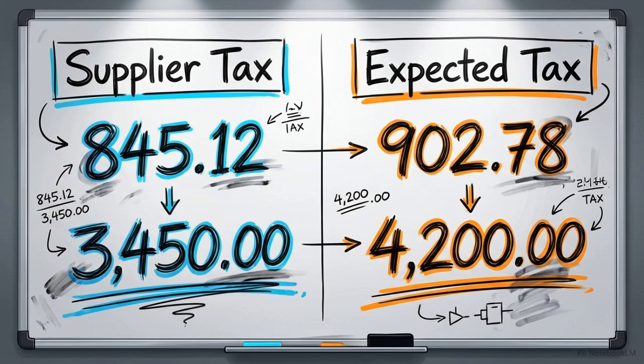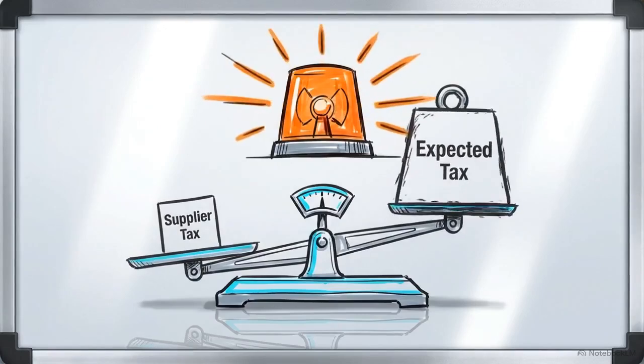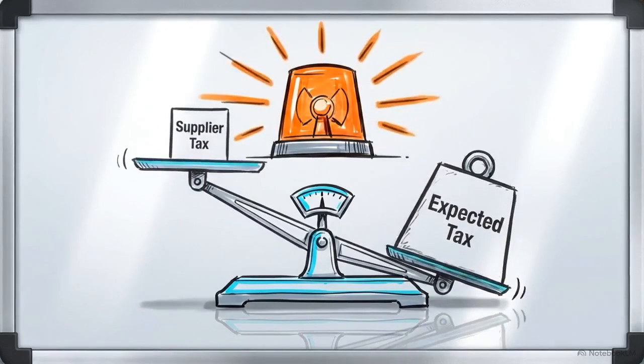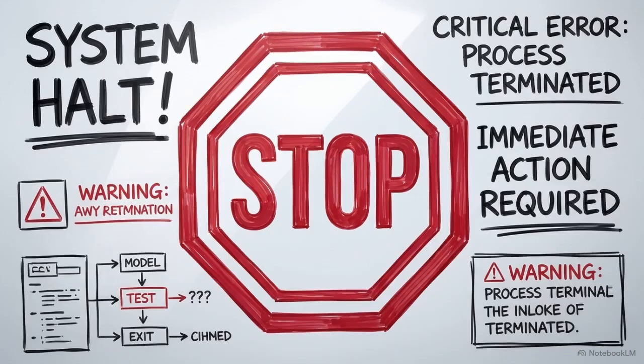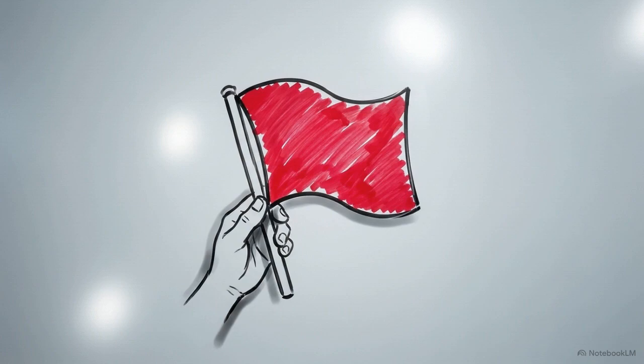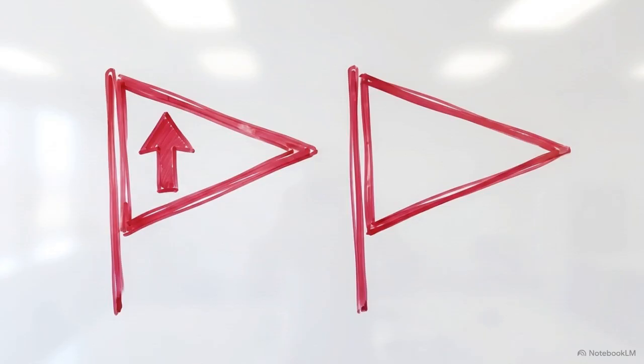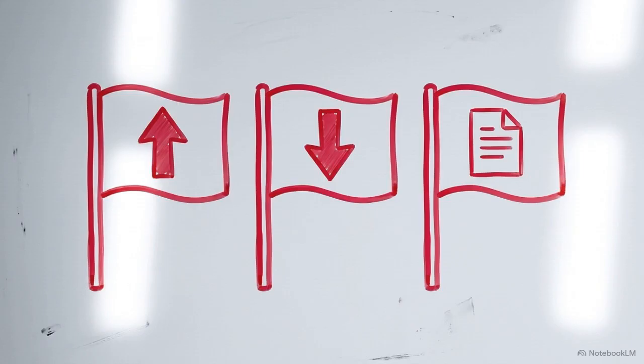With that baseline established, the system initiates the actual reconciliation. Now, it directly compares the unvalidated tax amount submitted by the supplier against the system's expected tax amount. When those two numbers fail to align, the protocol is rigid. The system generates a discrete flag, categorized as an overtax, undertax, or PO tax exception.